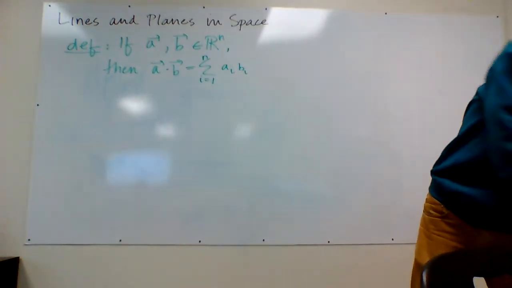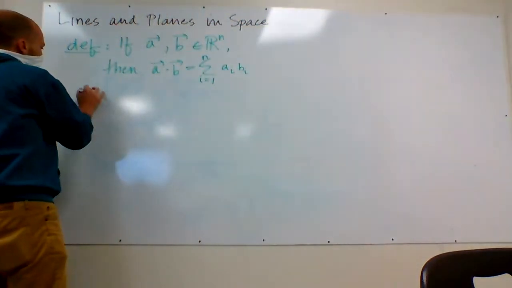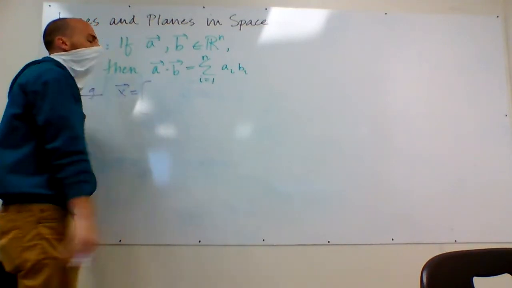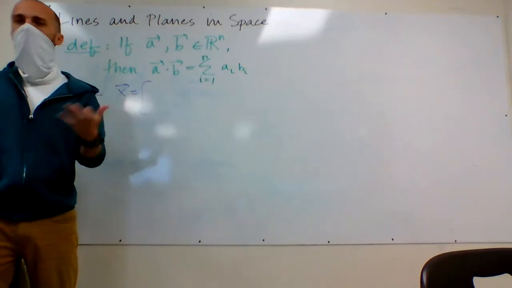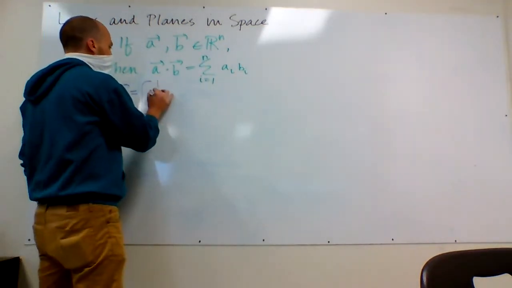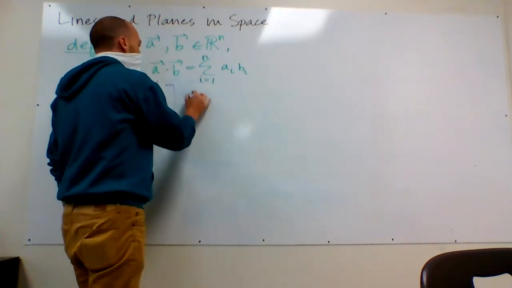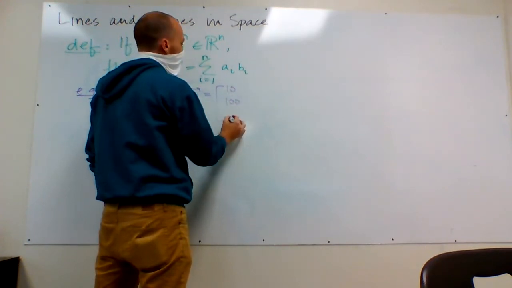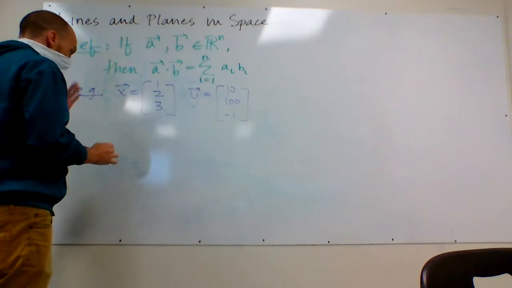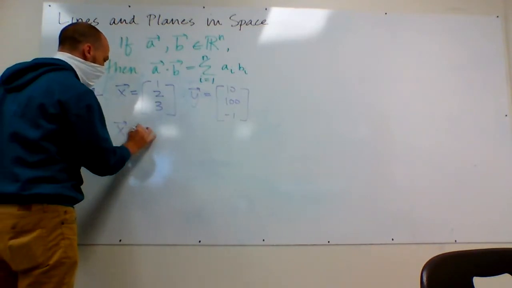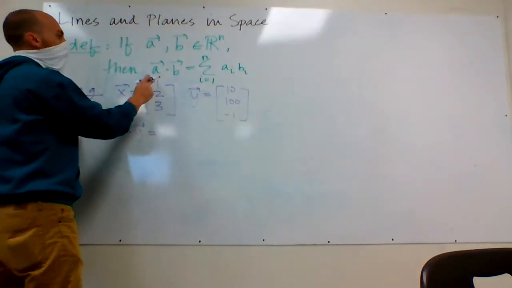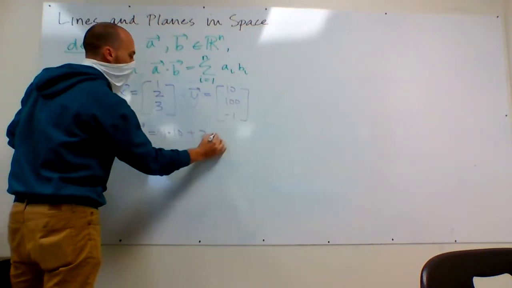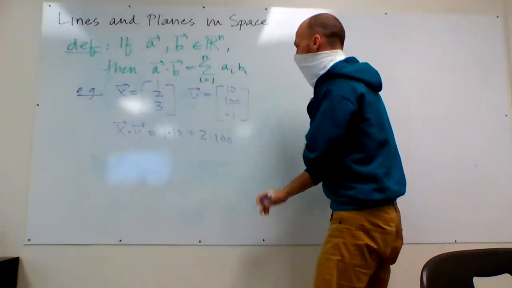So I'll just do a quick example for you. If x is equal to, and I will continue probably to write these vectors vertically because that's just my preferred way, if I say x is (1, 2, 3) and y is (10, 100, -1), then x dotted with y is equal to 1 times 10 plus 2 times 100 plus 3 times -1.